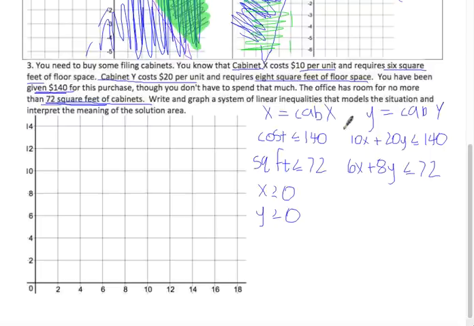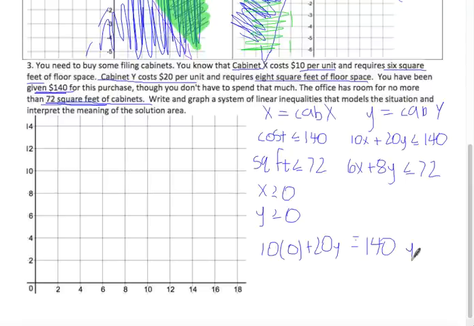So now we just have to graph the system of inequalities. So our intercepts for the first one. So this first one is going to have an x-intercept of, so 10 times 0 plus 20y equals 140.